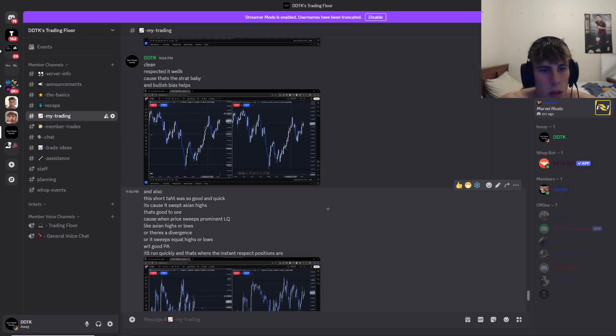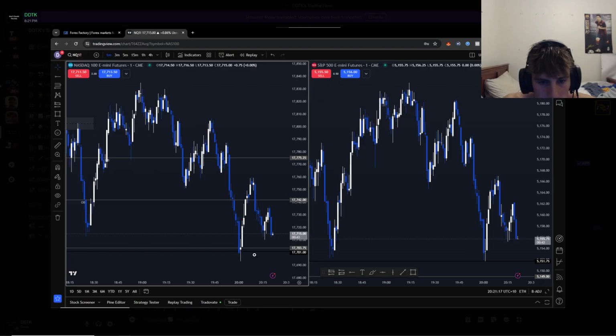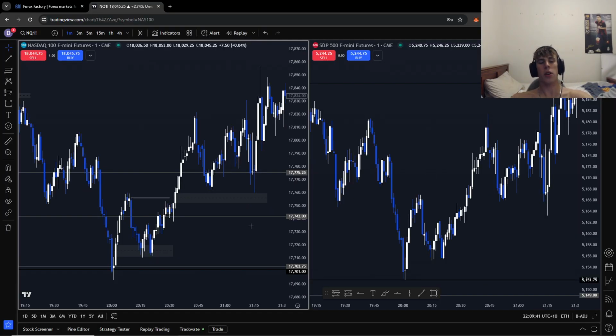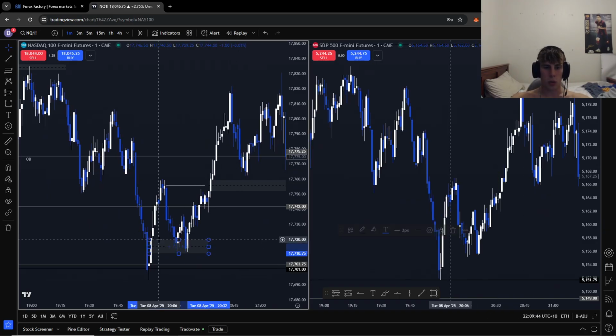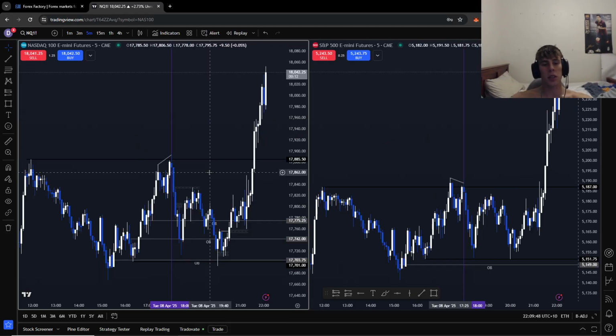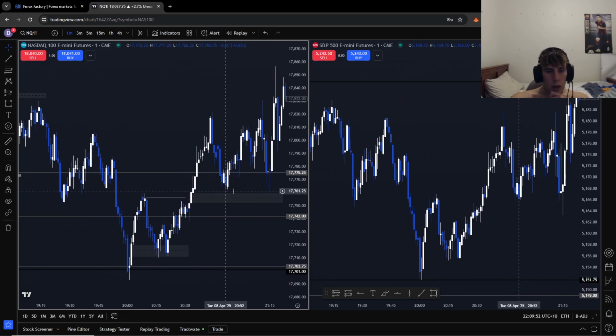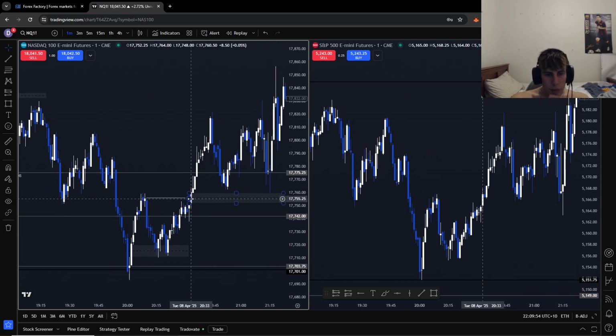Wait, what was that position I was looking at? Oh, this one. Yeah, no. It was before the break of structure. It was this one. Because, see, this is the same as the previous position, before break of structure. But if I look for after break of structure, this one doesn't get respected.